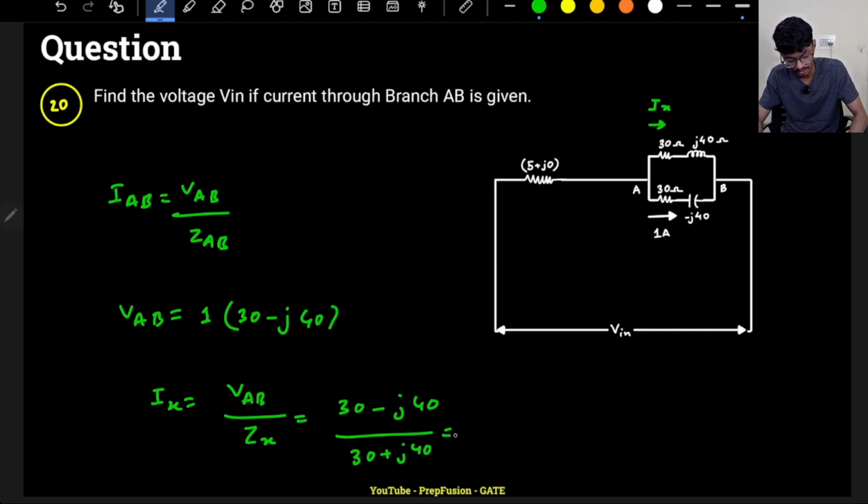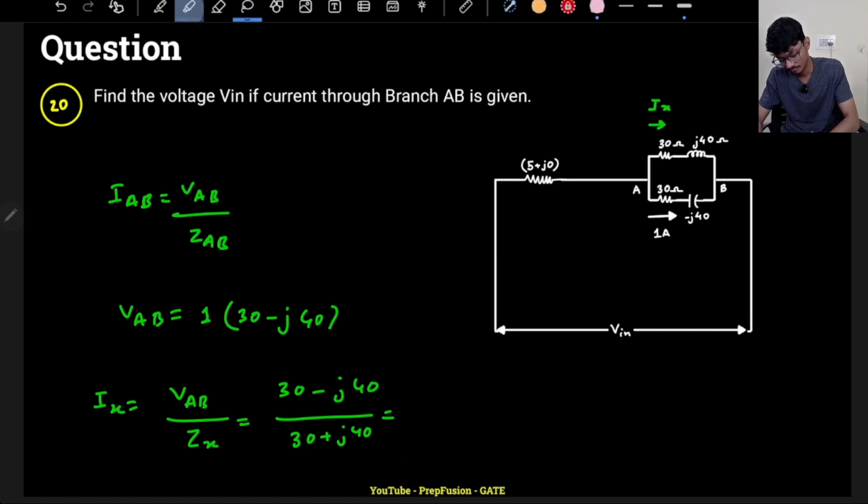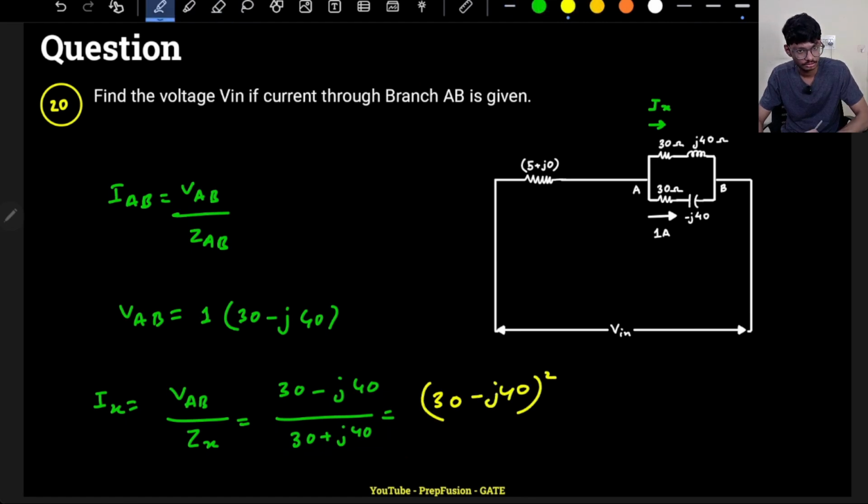So now I can rationalize this one. So this will be 30 minus j40 whole square, and this will be 30 square plus 40 square.